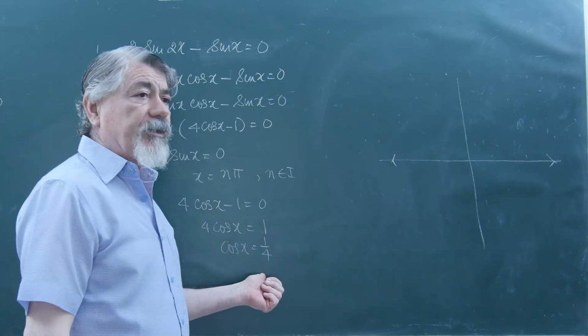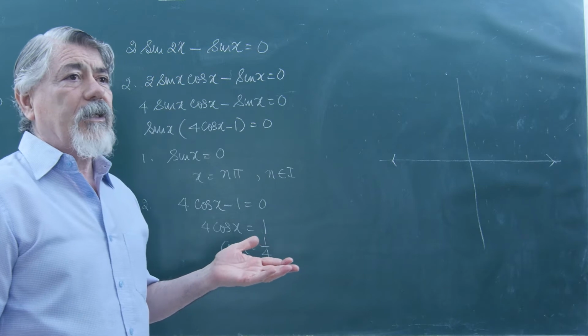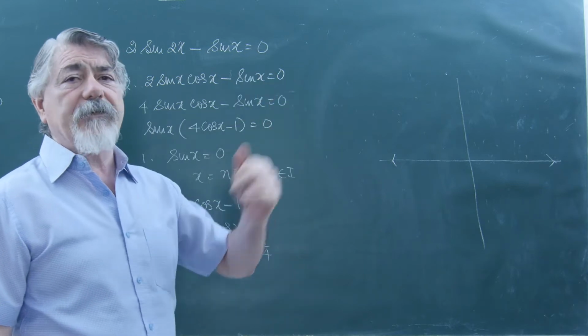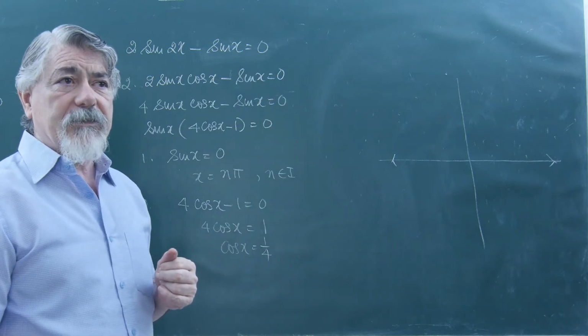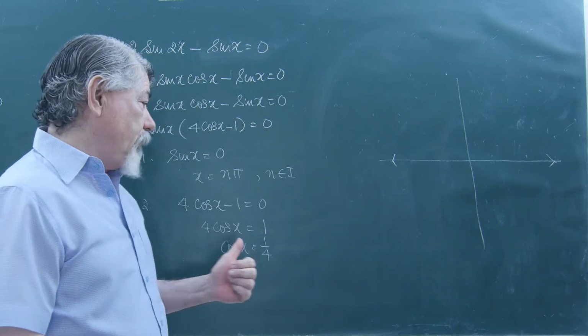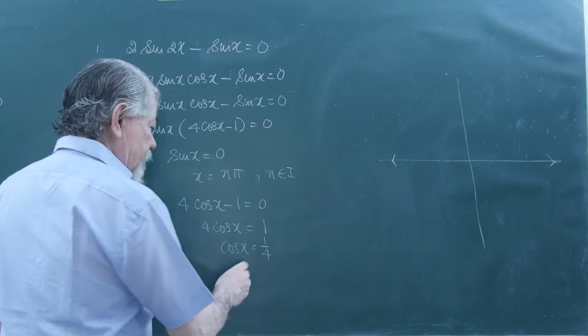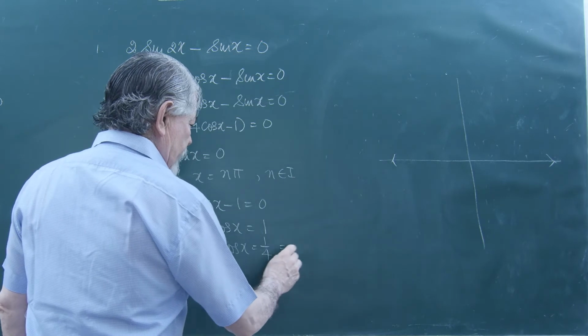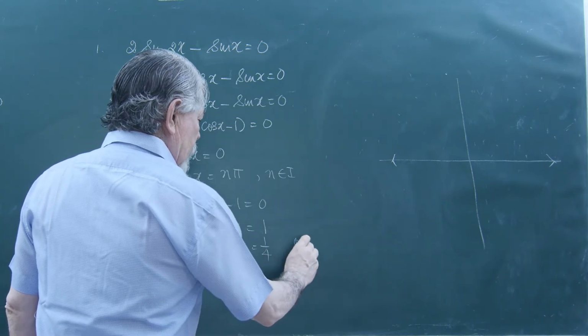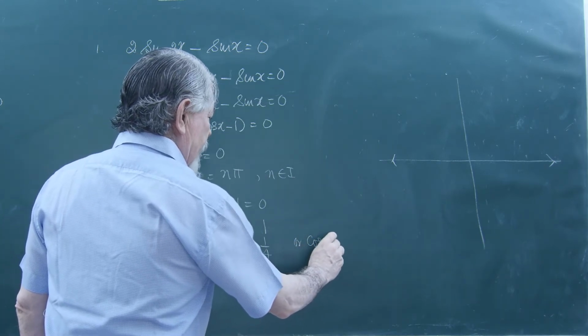But 1 upon 4 is not known, though you can write it as 0.25 and calculate the value from the logarithm table. But I don't want to do that. I can simply say it is equal to alpha. Cos x is equal to alpha.